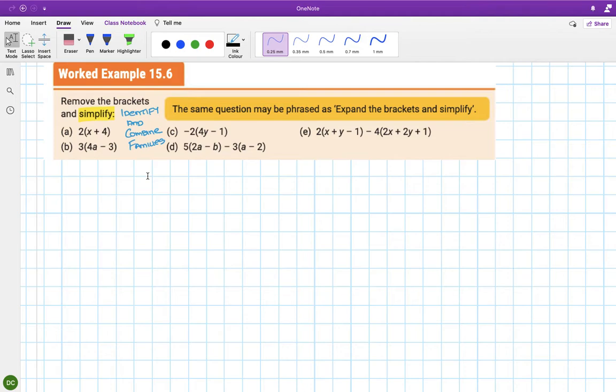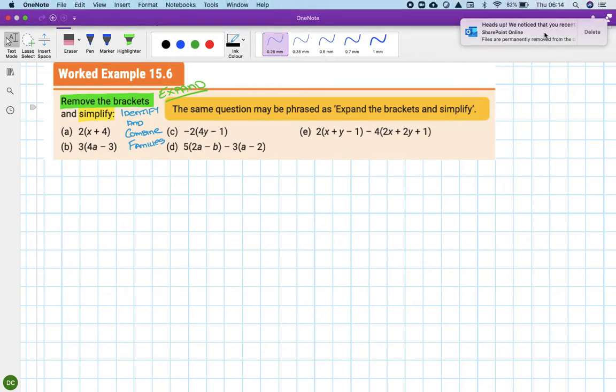Okay, now the remove the brackets part, sometimes instead of that they use the word expand. Okay, so expand is a term that means remove the brackets or multiply to remove the brackets.